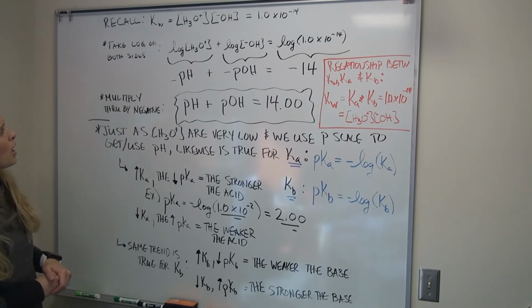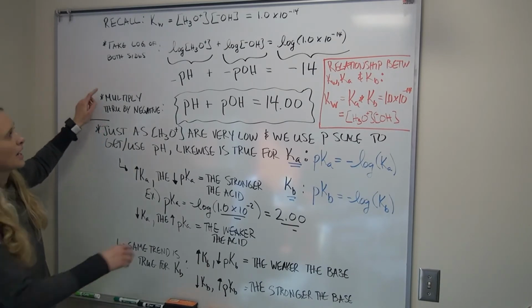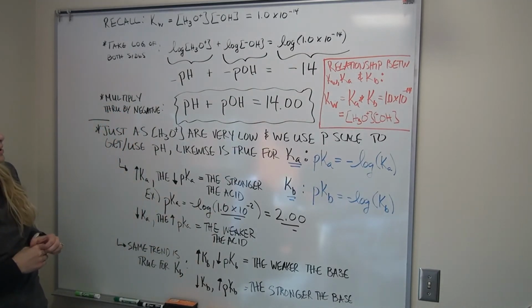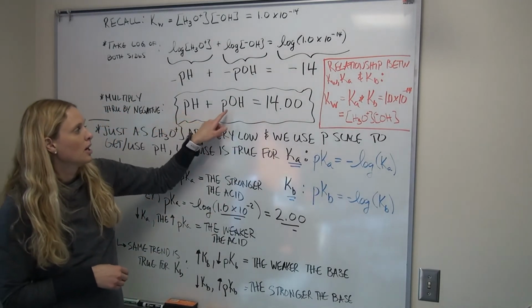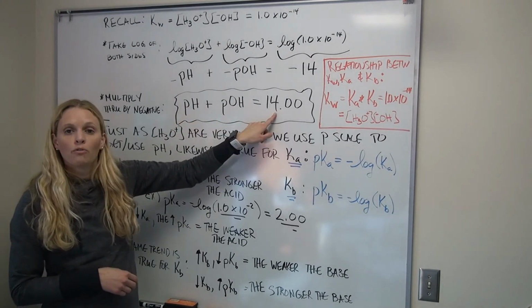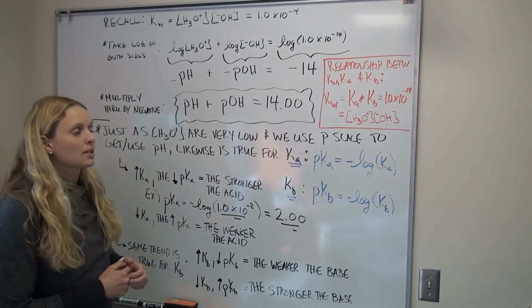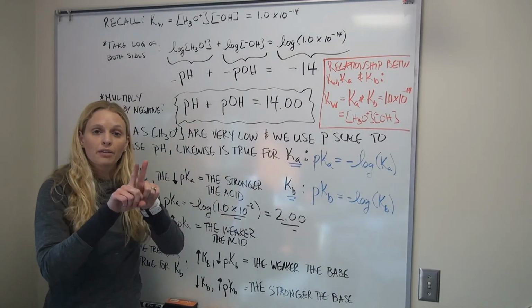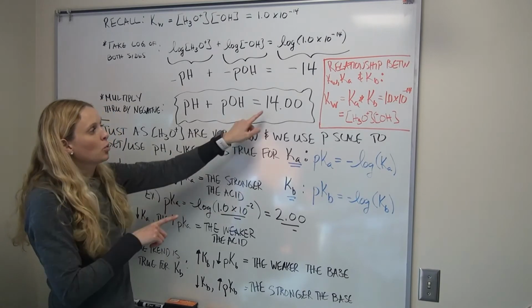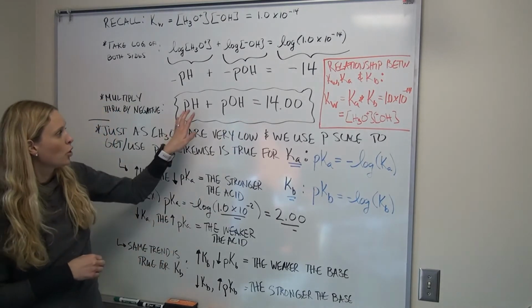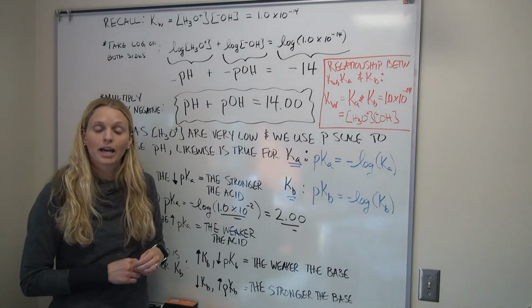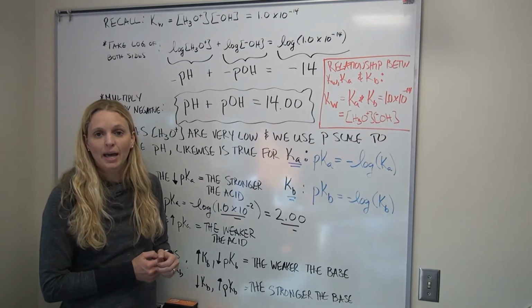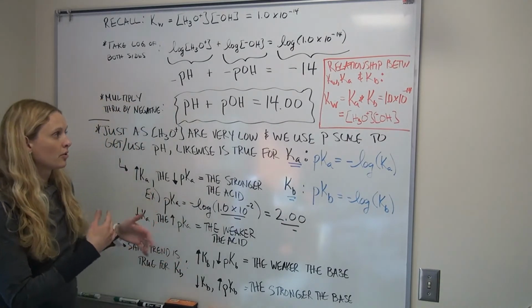All I'm going to do next is multiply by a negative all the way through, then the negatives will all negate each other, and I will end up with pH plus pOH is equal to 14. So in our previous example problems, we were calculating pH and pOH. When you add those two numbers together for a particular solution, they should equal 14. So if you know one or the other and you're asked to calculate the other one, you can just take 14 minus that pH or the pOH to get the respective value.